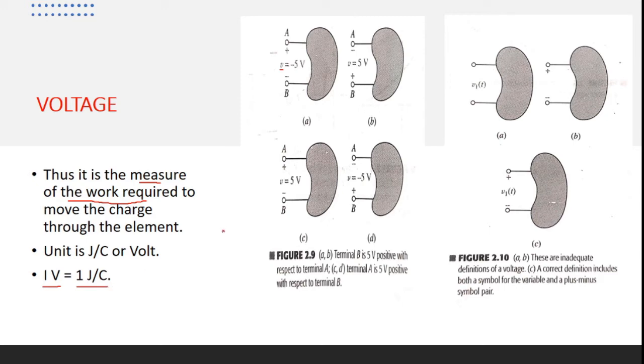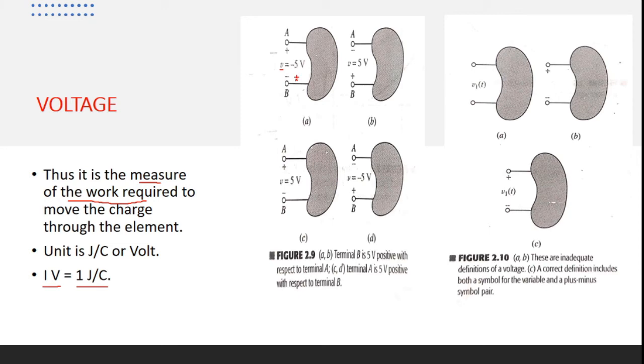Fine. Now we can see two diagrams here. Let me start with figure 2.9a. Here I am giving a voltage source of minus 5 volt, and terminal A is positive, terminal B is negative. Terminal B is already at a negative potential, and the voltage that we supply is also minus 5 volt. So minus of minus becomes plus.